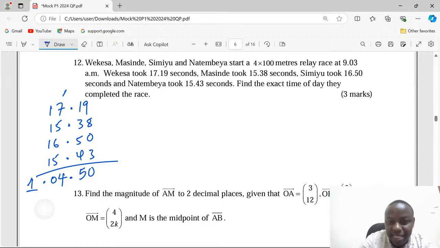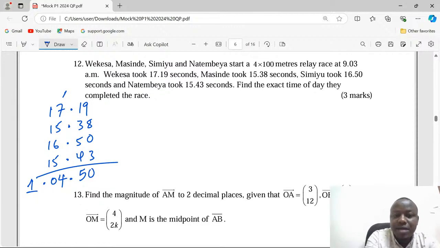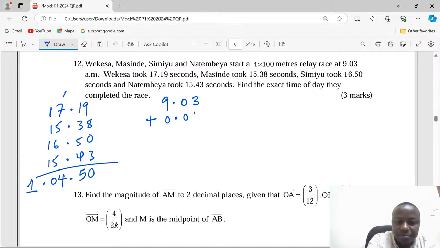Now we shall add this to the time the race started. So 9.03, we are adding 0 hours, 1 minute, 04 seconds and 50 centiseconds.